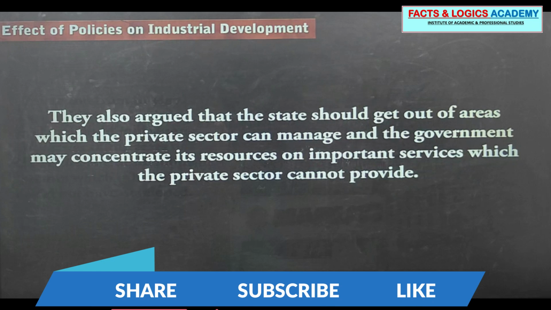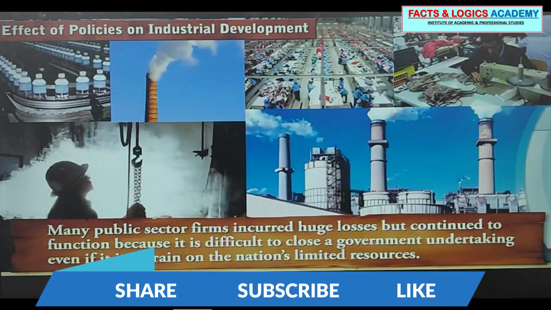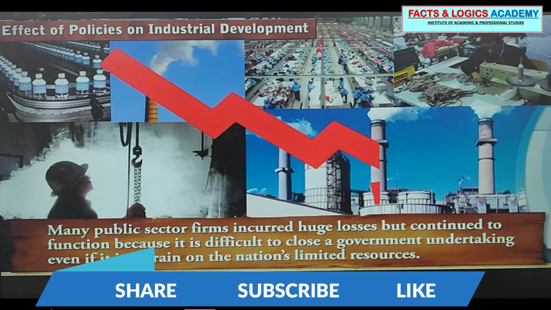They also argued that the state could get out of areas which the private sector can manage, and the government may concentrate its resources on important services which the private sector cannot provide. Also, many public sector firms incurred huge losses but continued to function because it is difficult to close a government undertaking, even if it is a drain on the nation's limited resources.